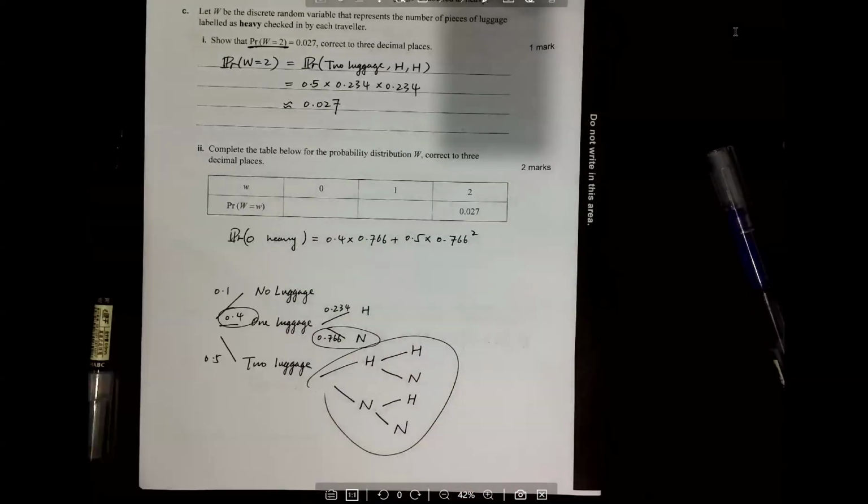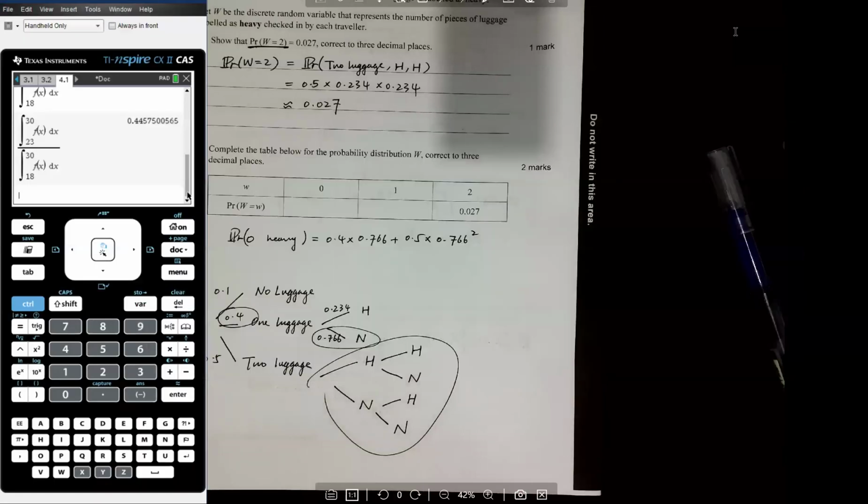Something like that. Let's just do this one: 0.4 times 0.766 plus 0.5 times 0.766 squared. So you get something along this line. If I missed anything, shouldn't be. And then you could get, let's say, 1 take away 0.027, take away this bit.